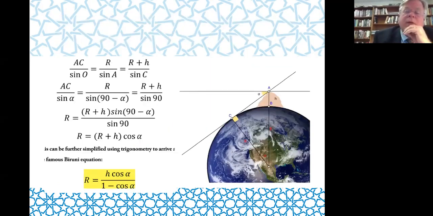Once the height of the mountain was determined, then using some more trigonometry and one additional measurement, the angle alpha, the angle of the mountain's height from the horizon, he could then use this formula in the yellow to calculate the circumference of the Earth. And the result he got was very, very close to the modern figure. Quite an ingenious use of instruments.